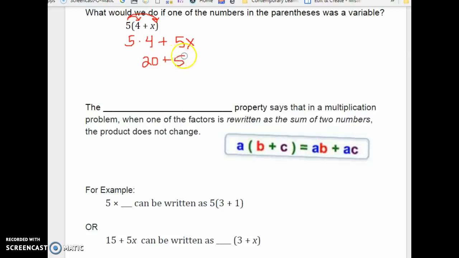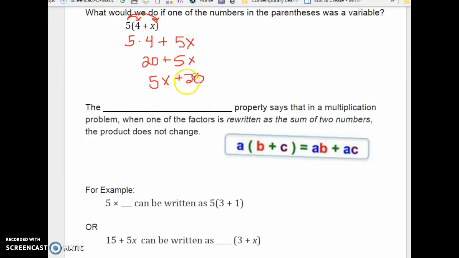Now, I can't combine those because they are not like terms, so I keep it just this way. Now, standard form, this is not wrong, but standard form is to always list the variables first. So you'd do 5x, and then you'd add that to 20, because the constants almost always go at the end. It's not wrong, it's just standard form.